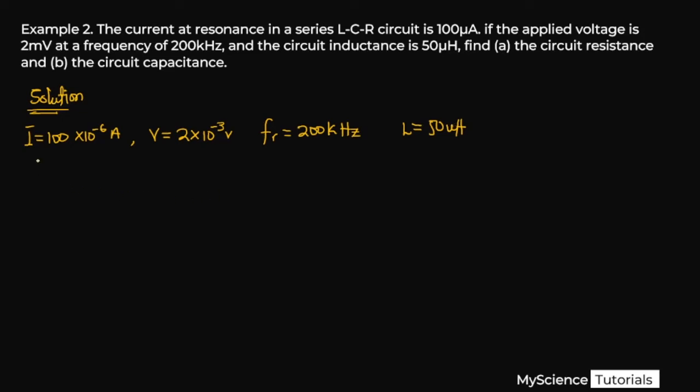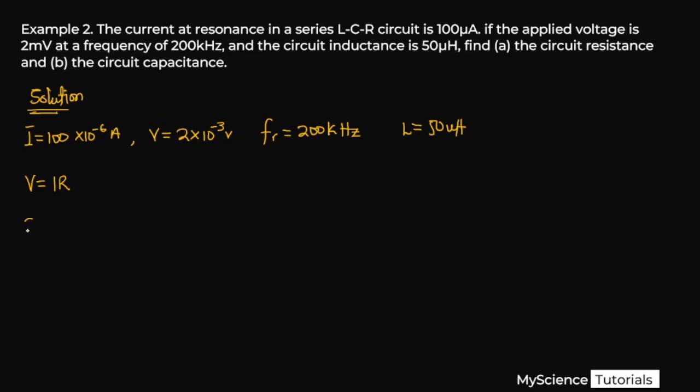Now, for us to find the circuit resistance, we know that voltage V is equal to IR when resonant frequency is occurring. We have the voltage, we have the current, so we can easily find our circuit resistance.